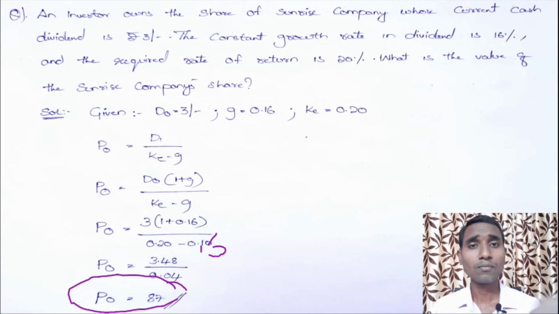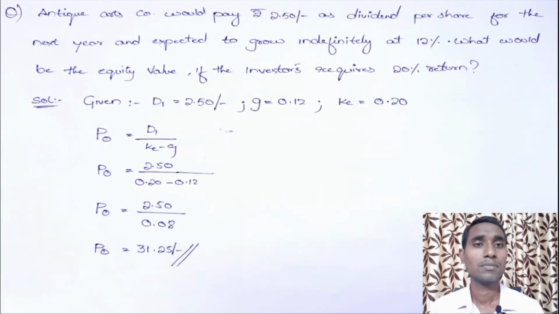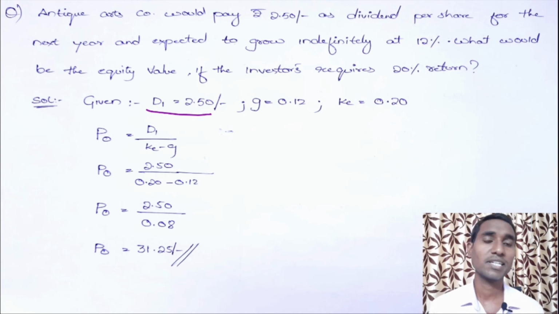Now, let us see another problem. Here we have another problem: Antique Arts Company would pay rupees 2.50 as dividend per share for the next year. When we see the next year dividend, we need to assume it as D1, the expected dividend, and it is expected to grow indefinitely at 12%.